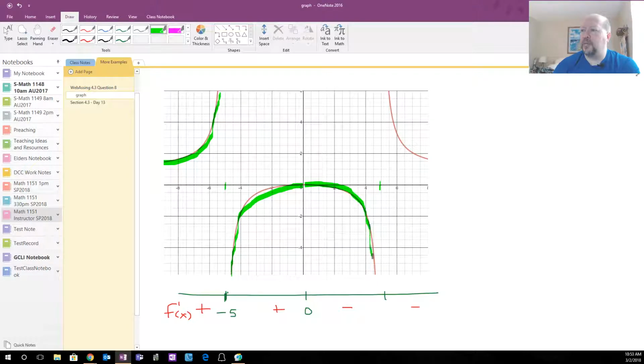That's why the first derivative is positive from negative 5 to 0, and negative from 0 to 5. I didn't put that down there, but that should be a 5 here. Then as we jump across the vertical asymptote at 5, the function is decreasing, and therefore the first derivative is negative. So hopefully that clarifies that and also corrects a mistake that I made in class.